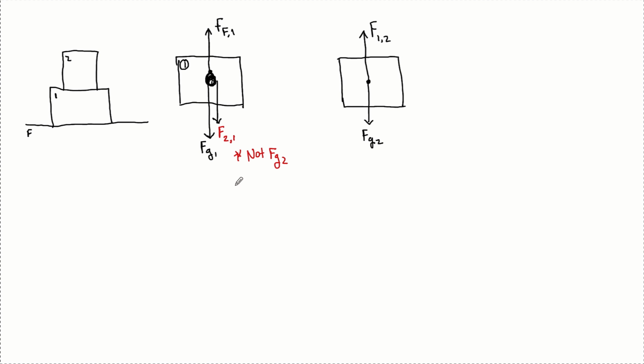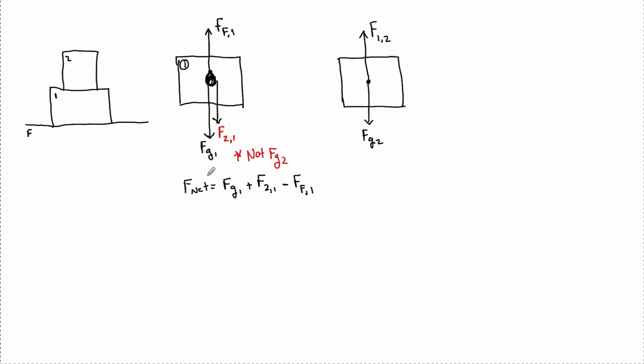So if I want to write the F net acting on just box 1, I would say F net is equal to Fg, I'm going to call down positive, plus the force that 2 puts on 1, minus the force that the floor puts on object 1. This is the F net of this system right here.